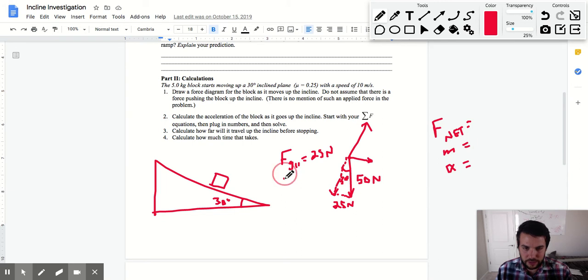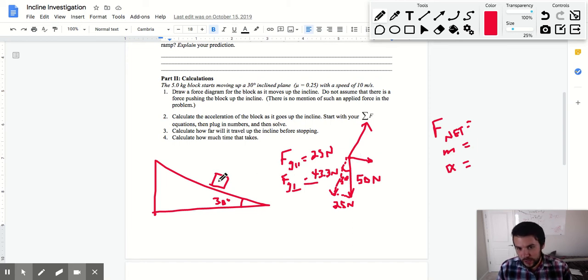I also know that my FG perpendicular is cosine of 30 times 50, so that's 43.3 newtons. So now I've got my parallel and my perpendicular components.